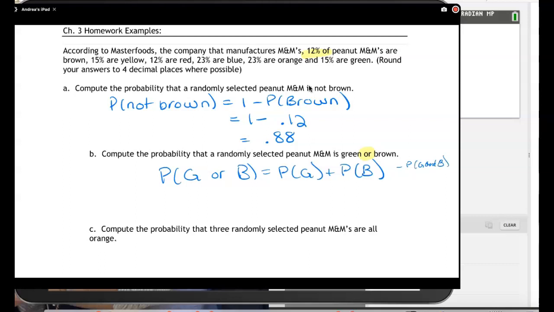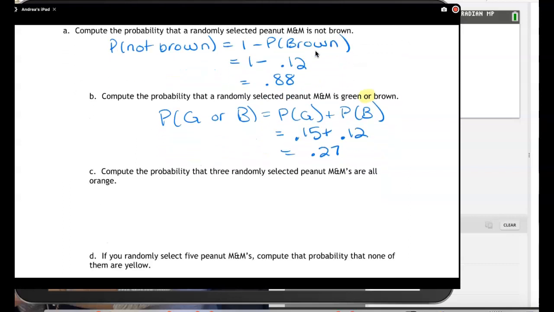But of course, these are mutually exclusive, so we don't have to do that because that would equal 0. You can't draw a green and a brown one at the same time. So this would be the probability of it being green. It looks like there were 15% green, so 0.15, plus the 12% that are brown, 0.12, will give us 0.27.